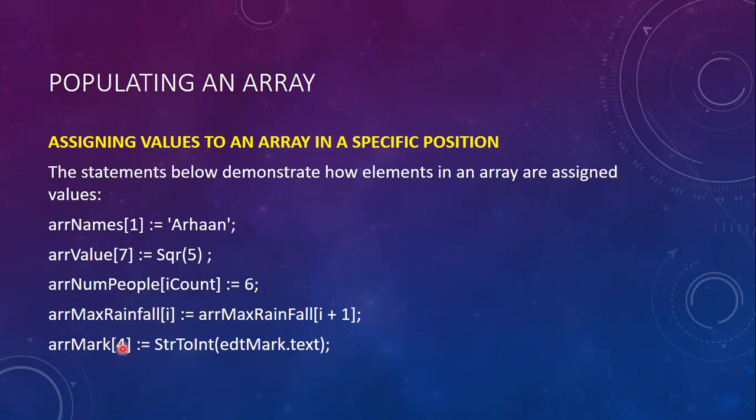So what you could do is, say for example, you want to work out your year's percentage. So you're going to tell the user to enter in for each position, so from test 1 up to the final exam, your different marks, and then you will create an array of test marks.